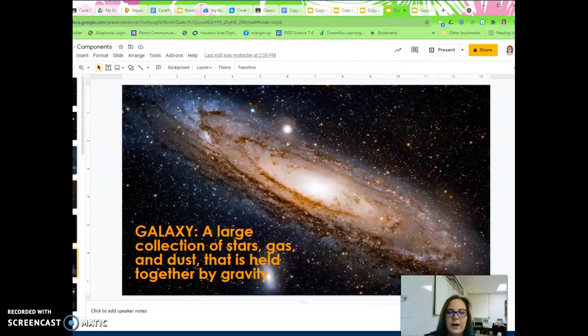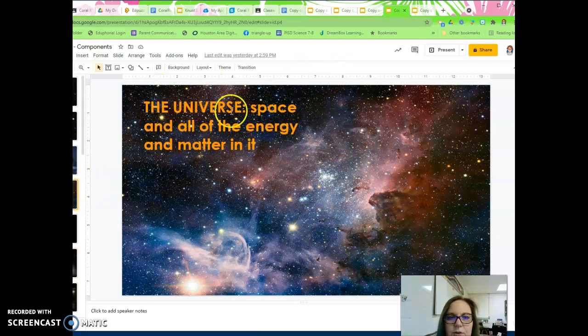So let's move on. A galaxy is a large collection of stars, gas, and dust that is held together by gravity. And so basically think about universe. Uni means one or all. So basically it's everything. All the energy, all the matter, all empty space, everything that we know of is the universe. Technically, if we know about it, it fits in our universe.